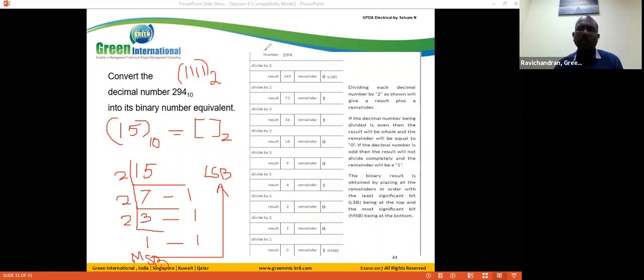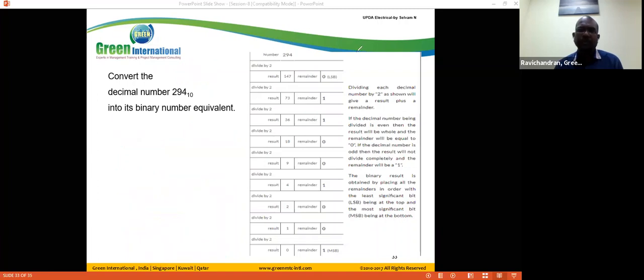Okay. Now 15 is a decimal number. Convert this number into an octal number.